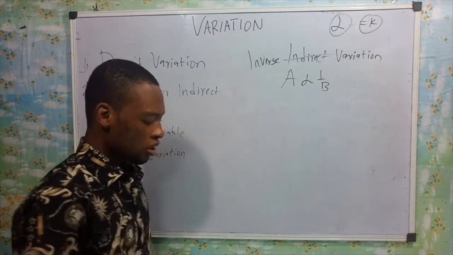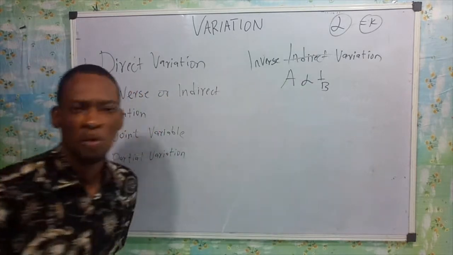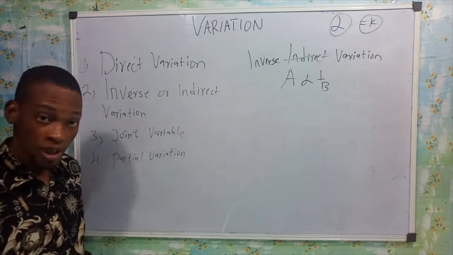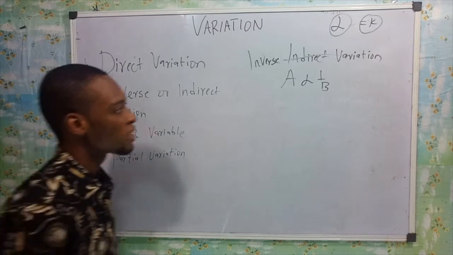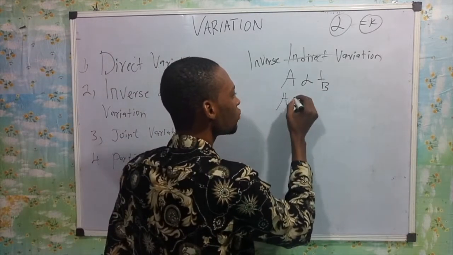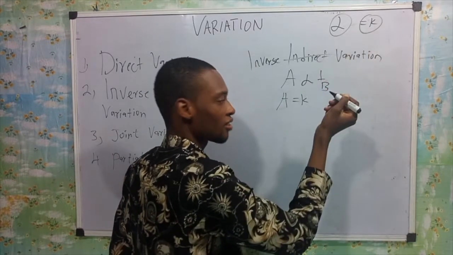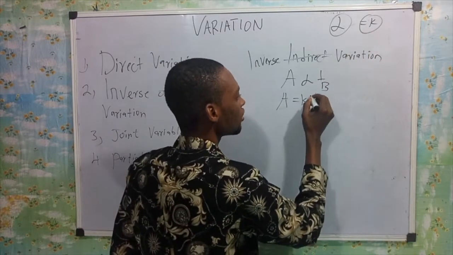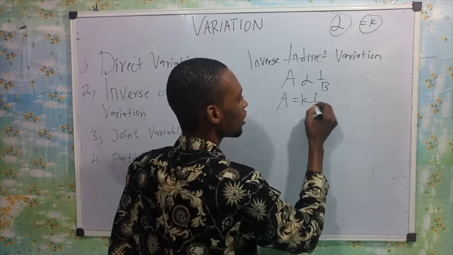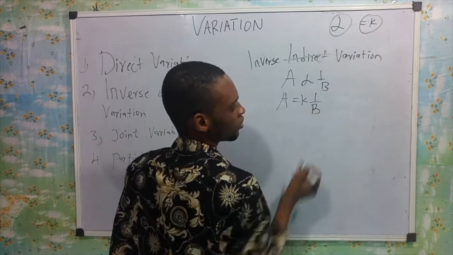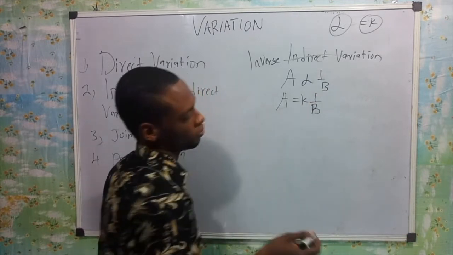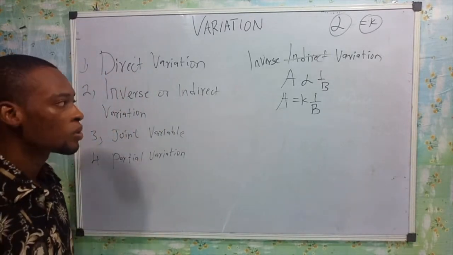Now, the proportionality sign, we can't use it to solve. You already know. Good. So what we need is A equals K, right, then 1 over B. So that is it for you.